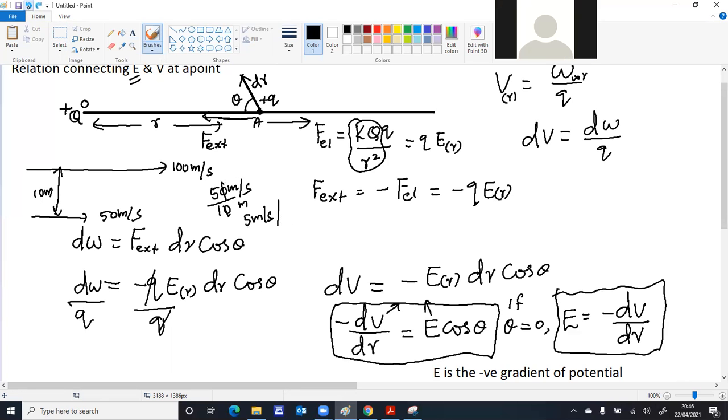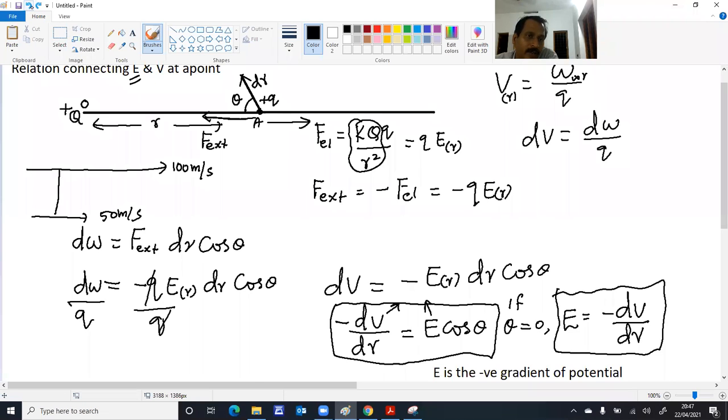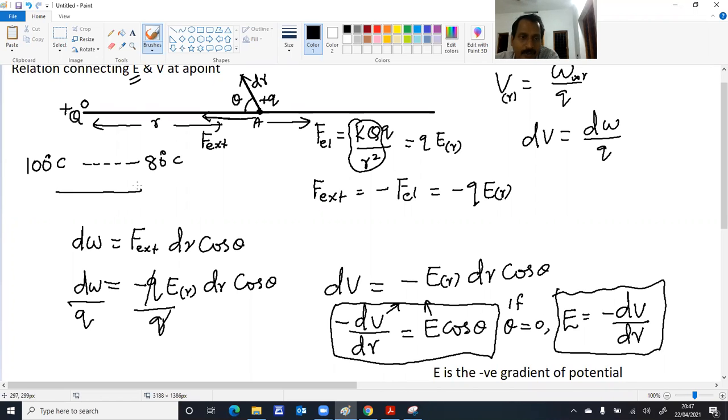Or if you take a hot body and cold body connected by a system, maybe here I have 100 degrees Celsius temperature. This becomes 80 degrees Celsius by a distance of 10 meters. What's the temperature difference? 20.